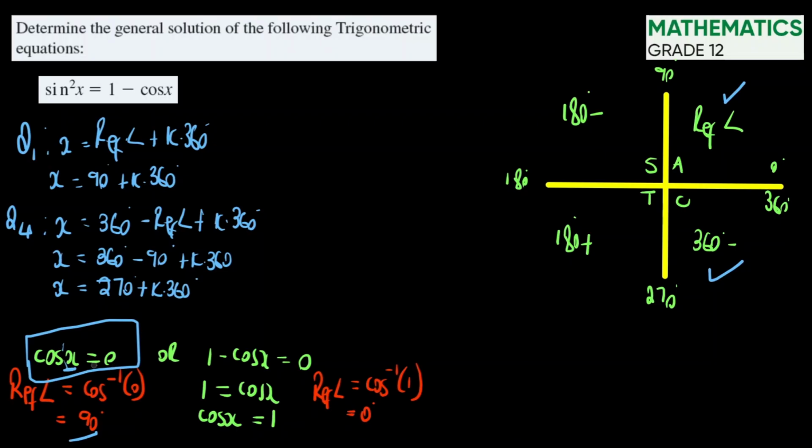So we're done with cos x equals 0. We have to look at cos x equals 1.